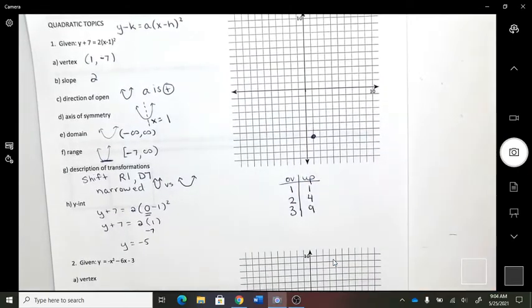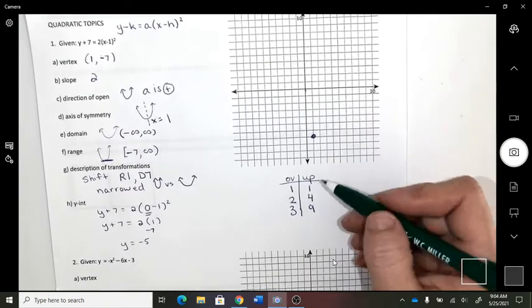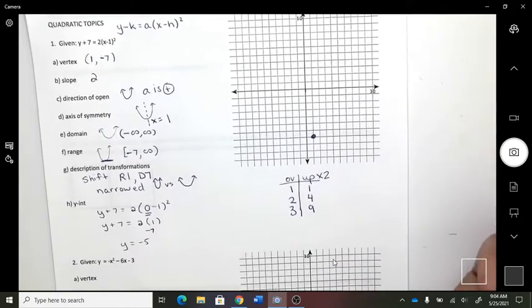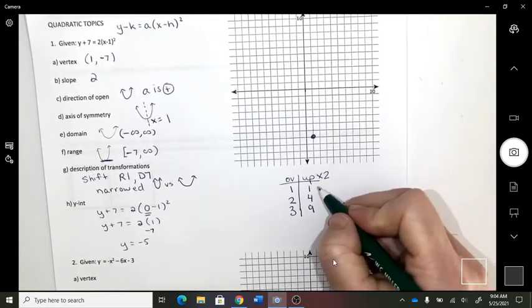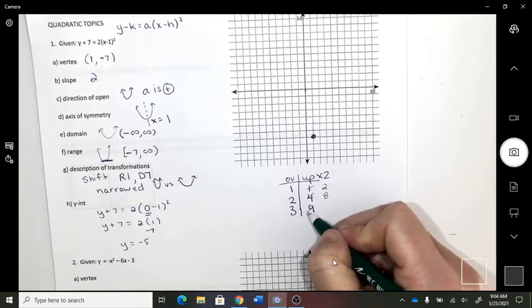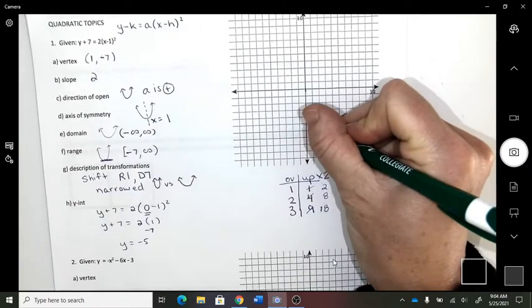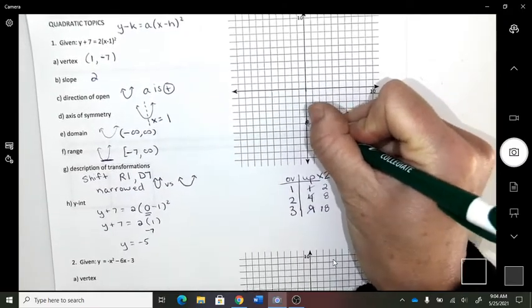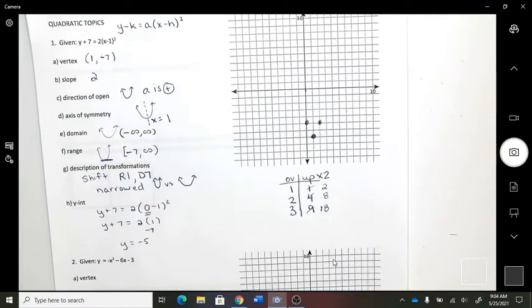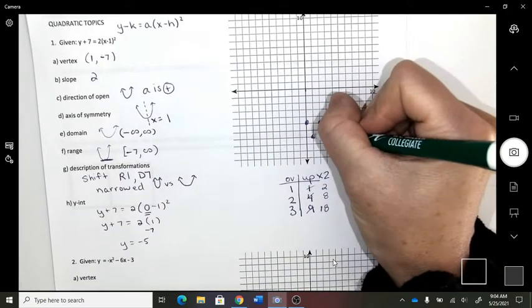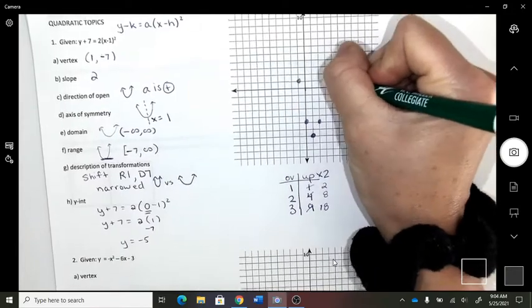Remember that normal pattern? But we don't have normal. We have a multiplier of 2. So we're actually going to go 1, 2, 2, 8, 3, 18. Okay, so 1 over up 2, and you do it from both sides. 2 over up 8.